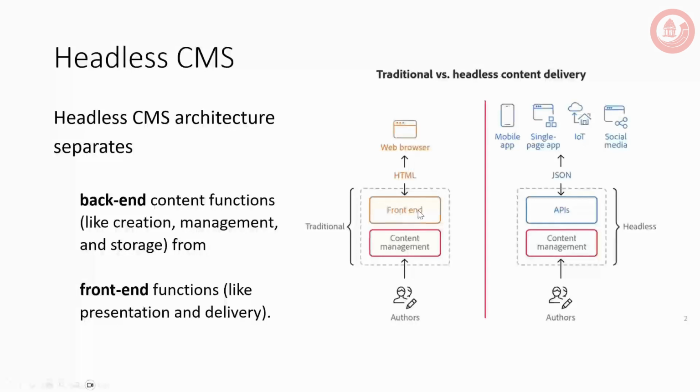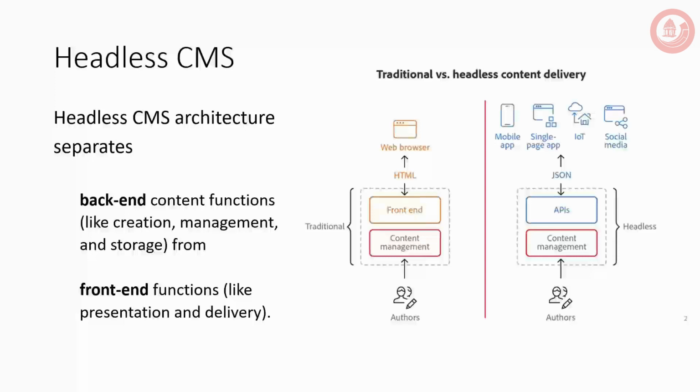But here your front end sits very much with your CMS, and you want to deliver the content to different systems and devices. So how do we do that? That's where the whole concept of headless CMS came, where you split your front end from your content management. There is no front end on this side anymore; it is replaced with APIs.